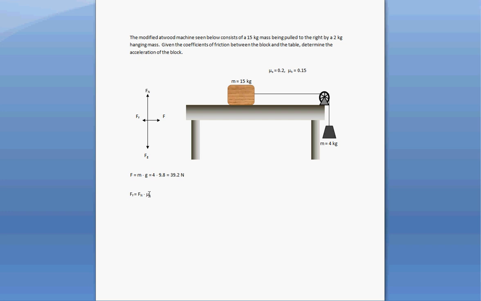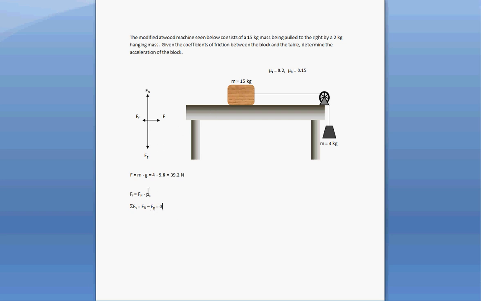But to do this, we need to solve for Fn. So we're going to have to use a force summation equation and use our force diagram to get Fn. So the sum of forces in the y direction is equal to the up forces minus the down forces. And because the block is not accelerating up or down, this will be equal to 0. So we need to get Fg.